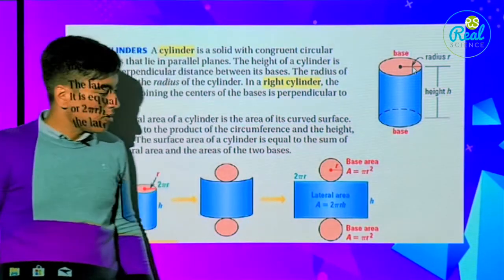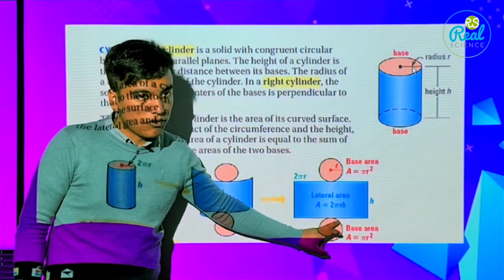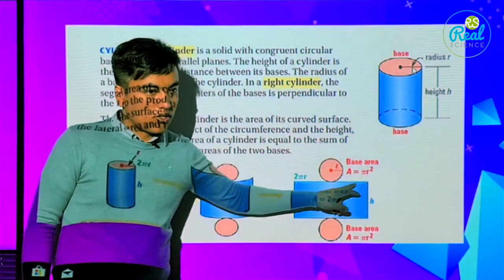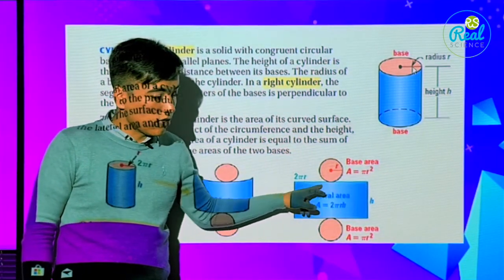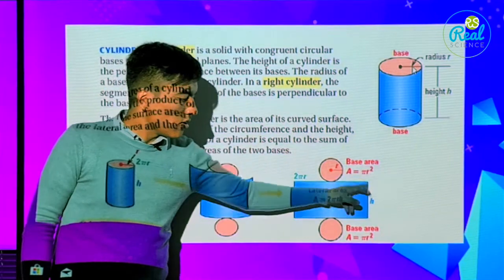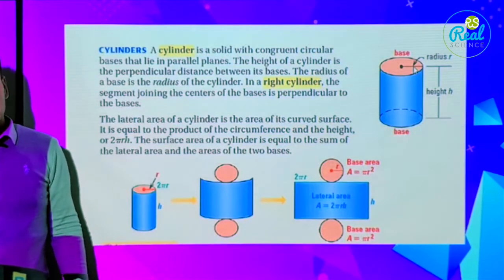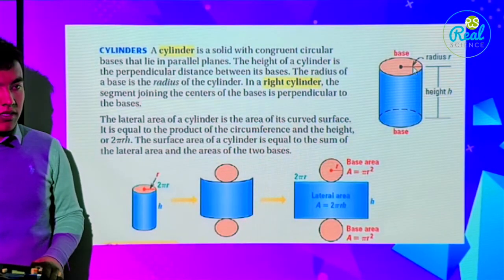But lateral area is 2 pi r h. Okay? Multiplication of circumference of this circle and height, multiplying these 2 dimensions.